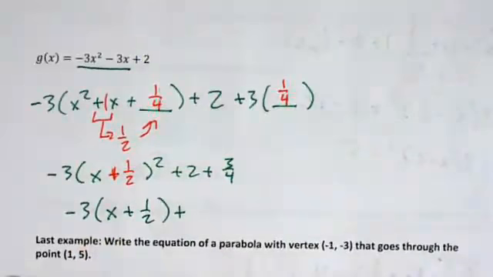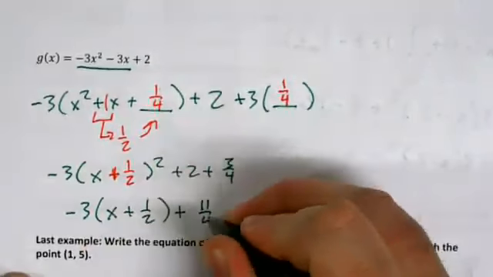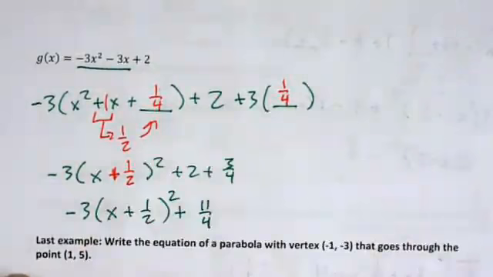+ 3/4 would be 8/4 + 3/4 would be 11 over 4. Is that what you said? Nice. Oh, I forgot my square there.